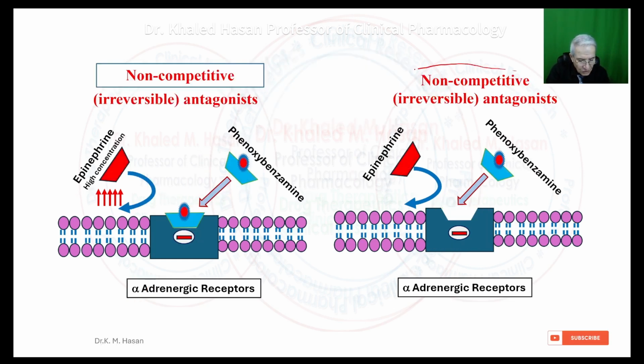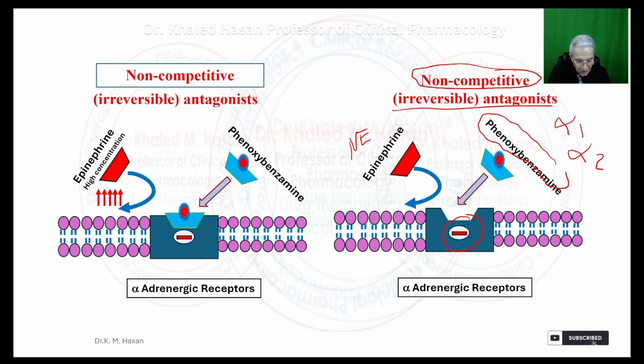Regarding non-competitive irreversible antagonists, we have the example phenoxybenzamine, which blocks alpha-1 and alpha-2 adrenergic receptors. So phenoxybenzamine binds to the receptor and blocks it, preventing epinephrine, and also norepinephrine, from binding to the receptor. Phenoxybenzamine binds to the receptor irreversibly.